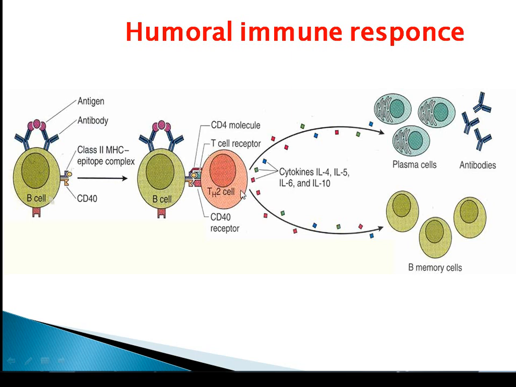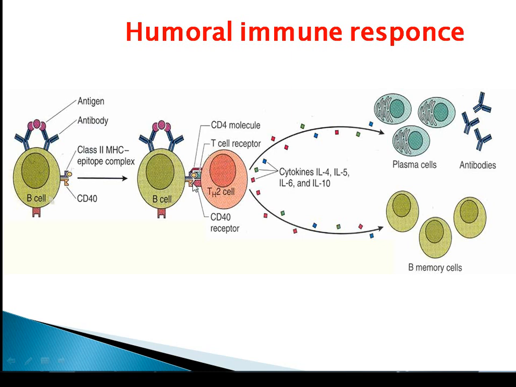So here, first step, the T helper 2 cell recognizes the epitope with its T cell receptor. Let's pay attention here, that is the T cell receptor. It recognizes the epitope that is presented via MHC second molecule on the surface of the B cell, and MHC second itself is recognized by CD4 on the surface of the T helper 2 cell. So that is the first step.